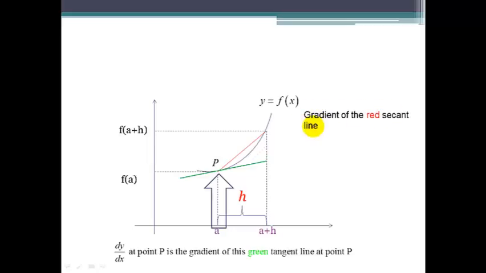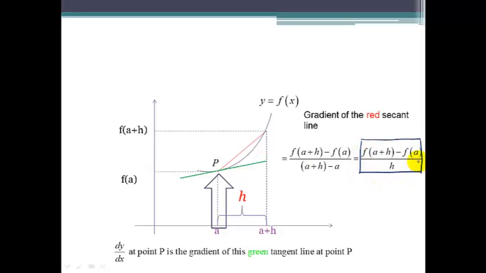The gradient of any straight line is basically rise over run. In this case, it will be finding the difference of y1 and y2 divided by the difference of x1 and x2. So I get this. This is my gradient of the red secant line.